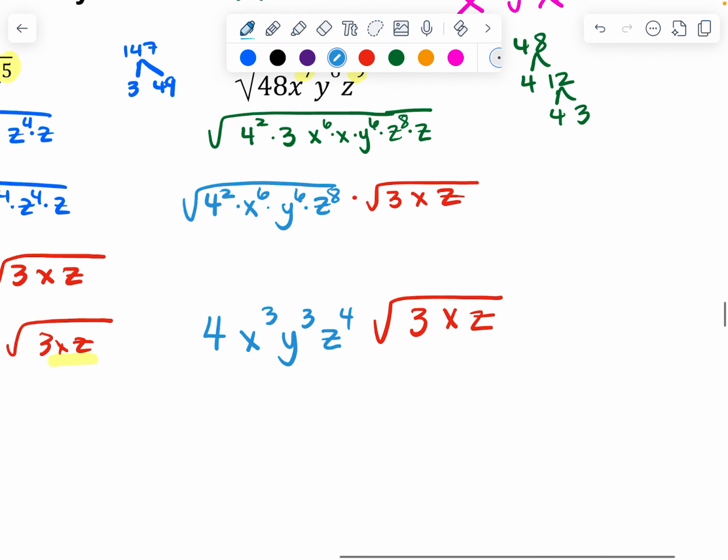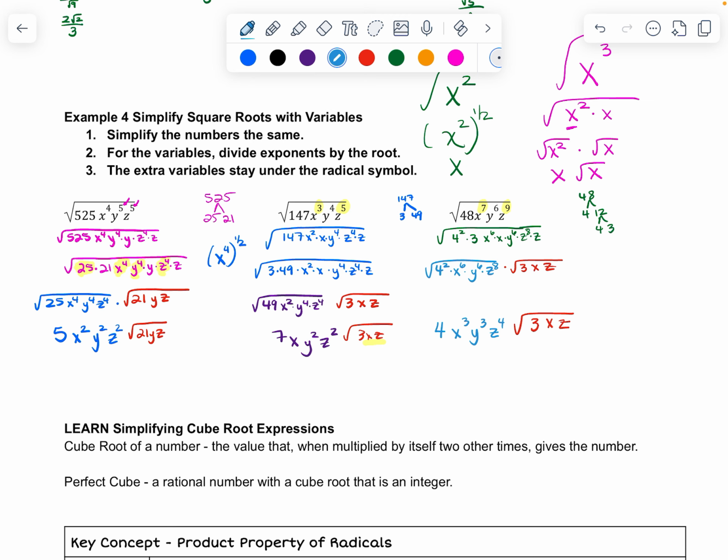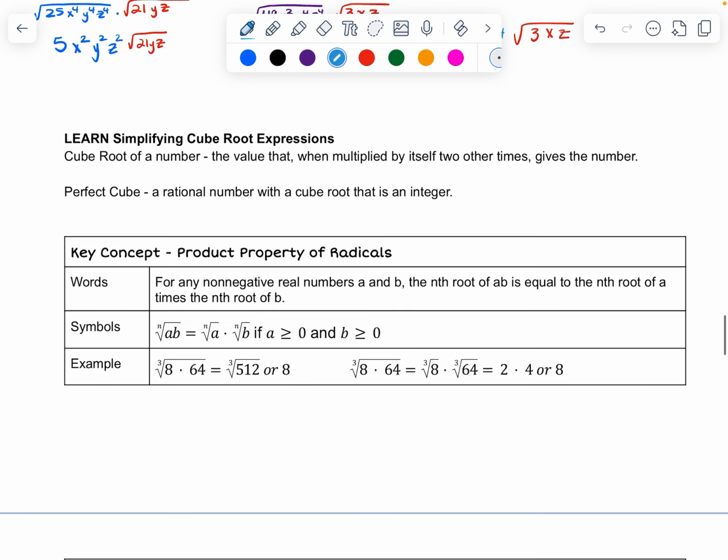Okay. Now, this time, if it's a cubed root, that means, trying to give myself room, it's going to look like this, or something raised to the 1/3 power. So we need 3, okay, perfect cubes.